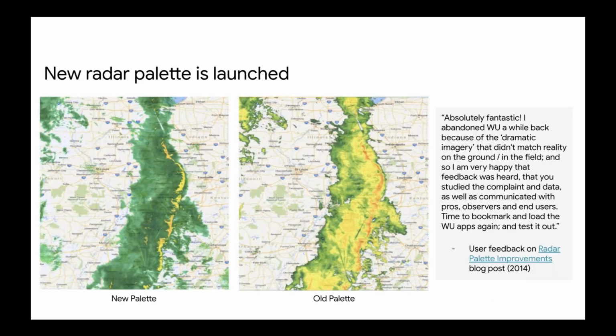And so we ended up launching a new radar palette where we had this old palette, which was the sensational palette, compared to the new palette, which was more subdued. And we evaluated that and found that our end users were coming away with more accurate interpretations of what the weather was actually going to be.